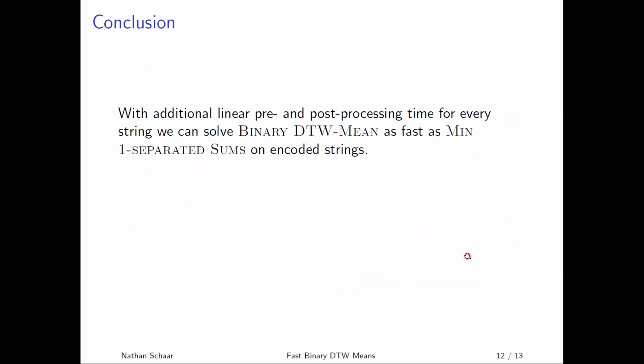So to conclude, what we did is we showed that if we have this linear time at the start to encode the strings and at the end to sum up the distances, then we only need to solve min-1 separated sums to get this solution for binary dynamic time warping mean. And in our paper, we also showed that for small k, we can actually solve this in linear time.